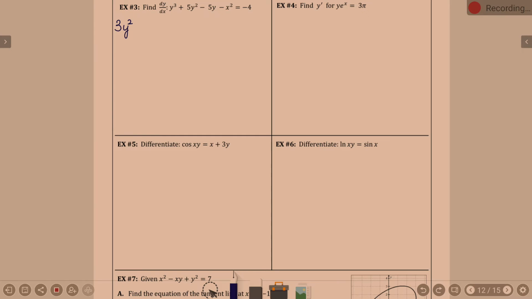That's what you're really thinking. Plus derivative of 5y squared, 10y dy dx, minus the derivative of 5y, 5 dy dx, minus the derivative of x squared, 2x, equals the derivative of negative 4, 0.